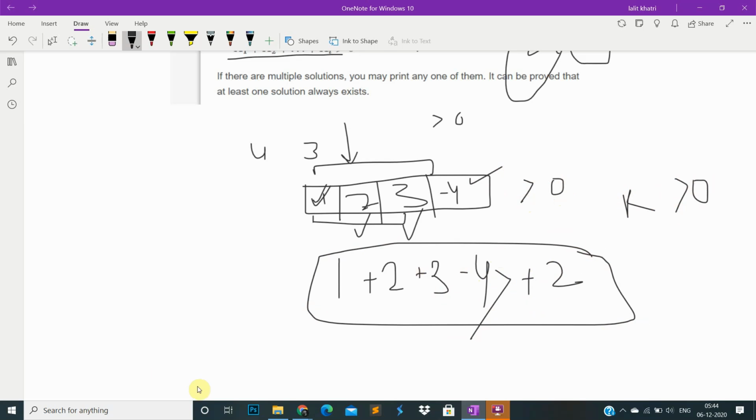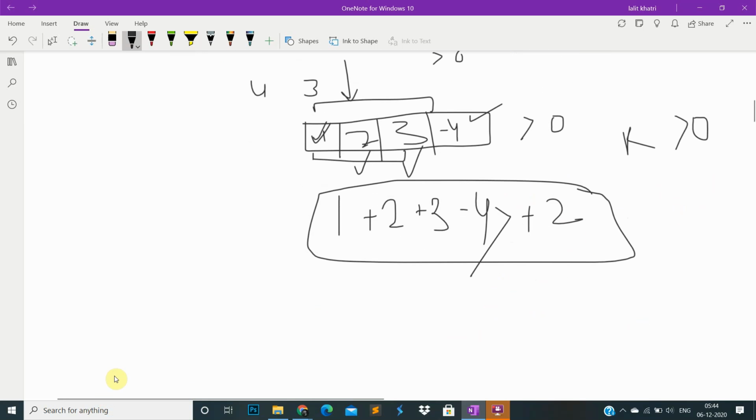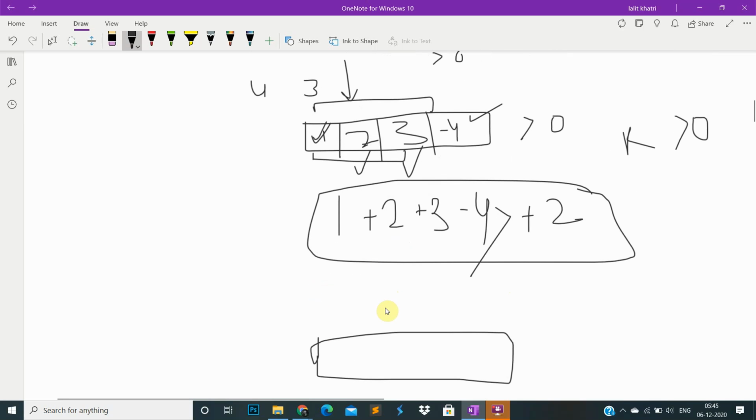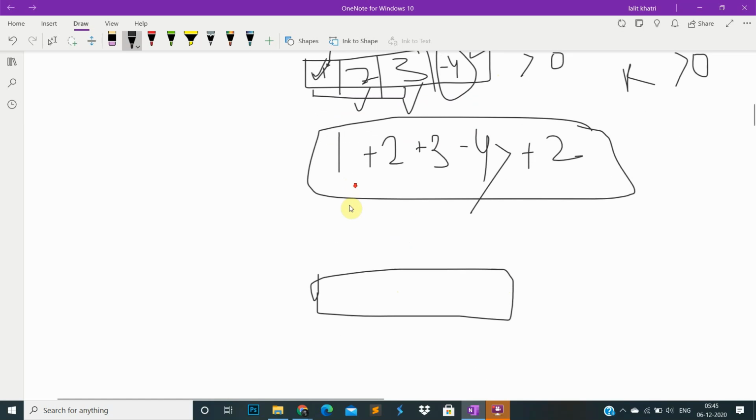So how do you think about it? If you need only one such value, you make that value negative so that the other values don't affect it. For n equal to 4 and k equal to 3, the option is to make minus 1 here, then 2 3 4.